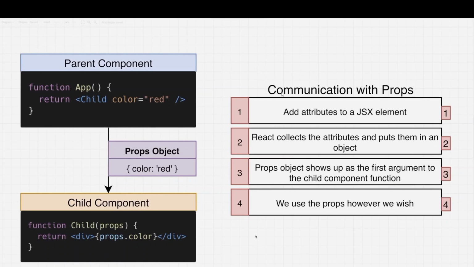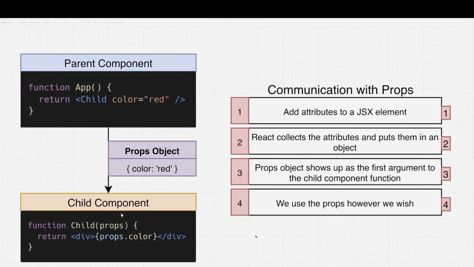Now, if you want to do communication with props, there are 4 steps. First of all, we need to add an attribute to a JSX element, like we have done here. In the second step, React will collect the attributes and put them in an object. In the third step, the props object shows up as the first argument to the child component function, as you can see here in this child component diagram.